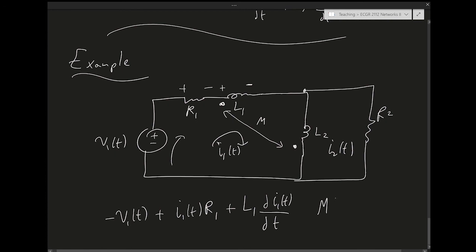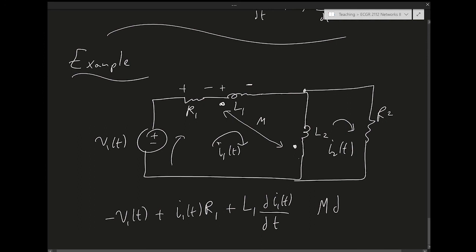There's an m, and that m is going to be di2 over dt. But what's I2 in this case? I2 is the current going in this way, right? This is I2, isn't it? So I'm going to use this convention.